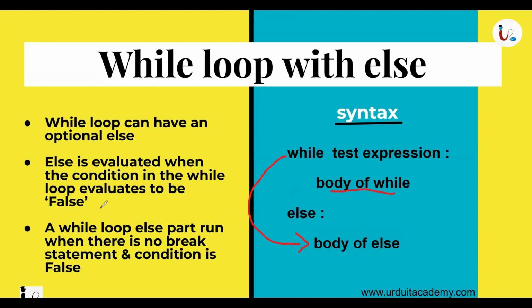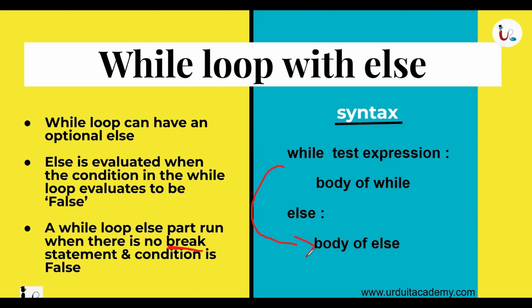So a while loop else part runs when there is no break statement and the condition is false. This one is important because whenever the condition is true, the body of the while will execute. And whenever it becomes wrong, it goes inside the else block, right?